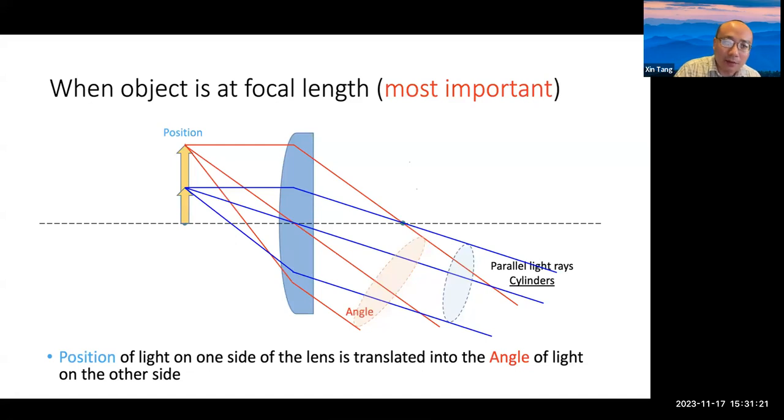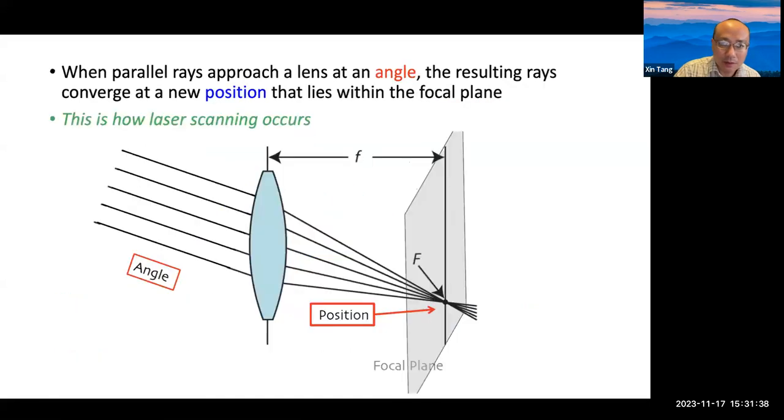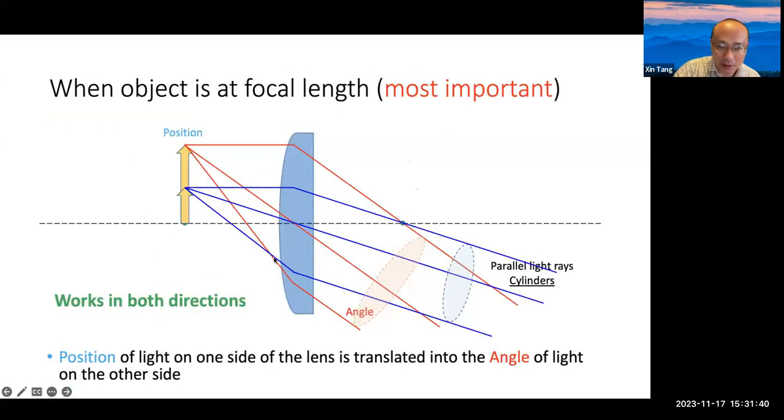And then the second point I want to illustrate is that this relationship can also be used in the way that you can selectively expose cells or the object with light. So they work in a reverse way. So this is actually working in the two directions. Now let's go back from the parallel light to the object in a different way.